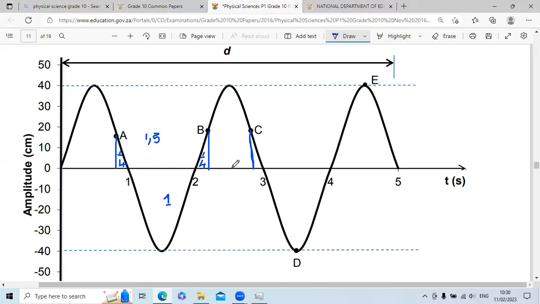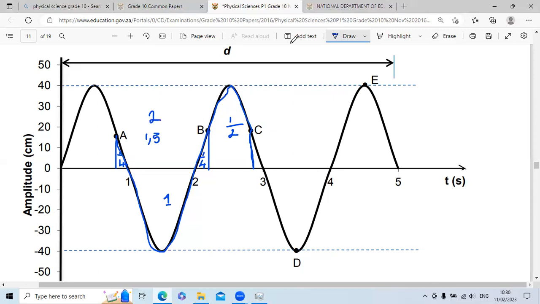But this part here is half of a wave. I don't know if you understand why I'm saying this is half of a wave. If you look at it, you take a quarter, a quarter and a half, and add it to this one. You're going to get 2 pulses. And that means from A to C, it's in phase.